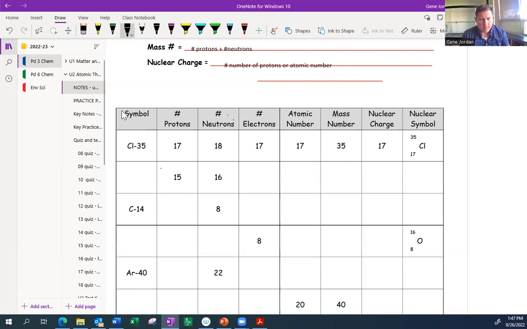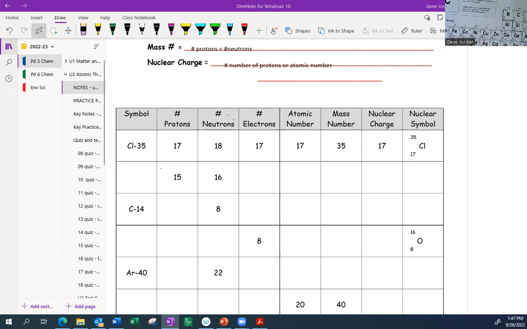Let me switch cameras to get the periodic table on there too. All right, so we look for element number 15 and we'll see it's right here. Phosphorus is element number 15.